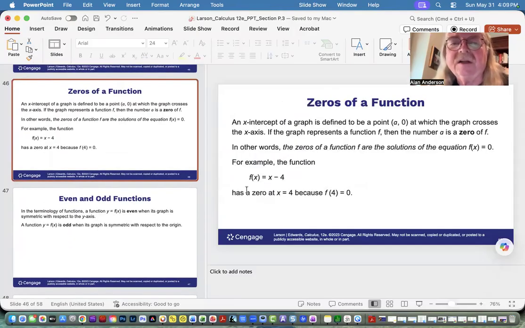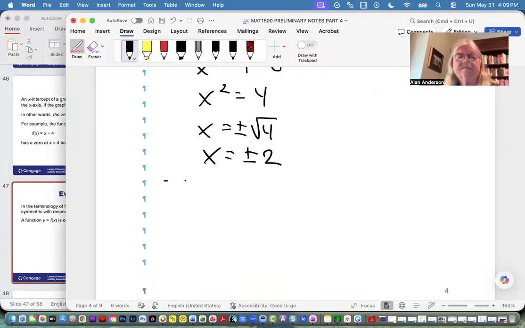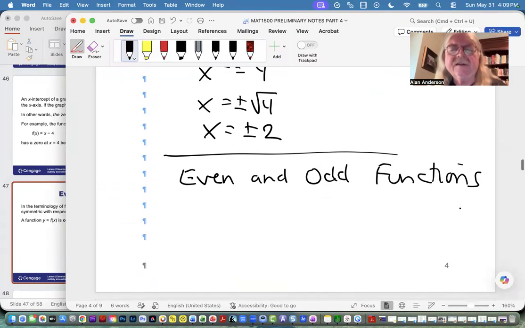Okay, just a quick reminder. I guess they want to make sure that you haven't forgotten all these key concepts. Even and odd functions have to do with the symmetry of the graph. So even, what does it mean to be even?